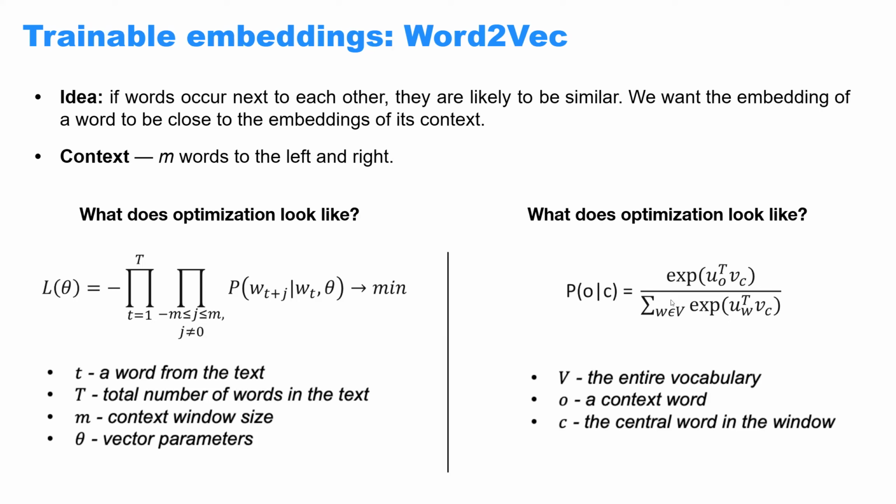We want to maximize this softmax function, and it will reach its maximum of one when these vectors are completely similar, so the dot product will be maximized. And this will happen only for semantically close vectors and semantically close words.